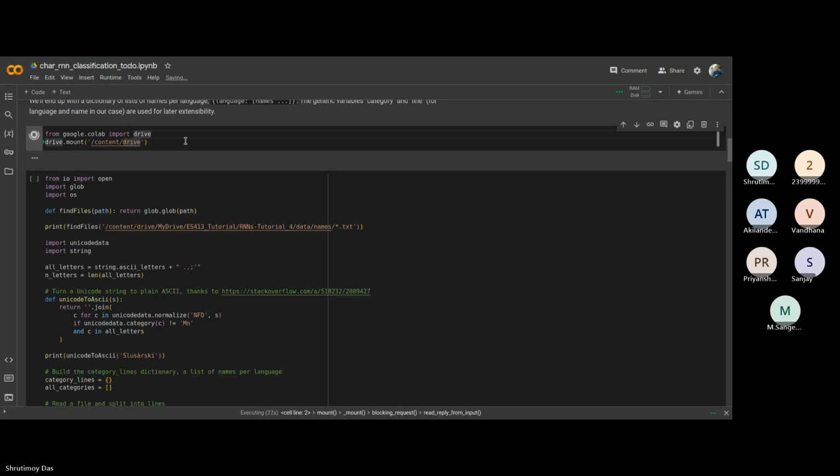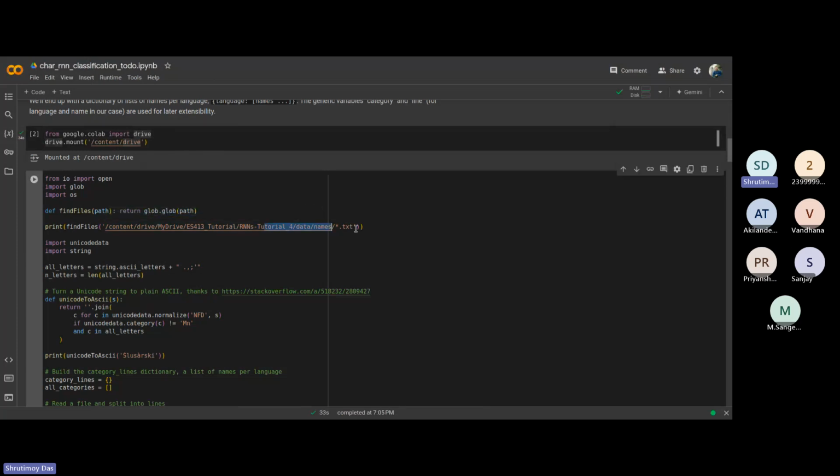Now it is trying to connect, and once it connects, you can use it as your drive. Yeah, now I can access the data set that is stored here. I have stored my data set at something like this, and it will try to find it in my drive.